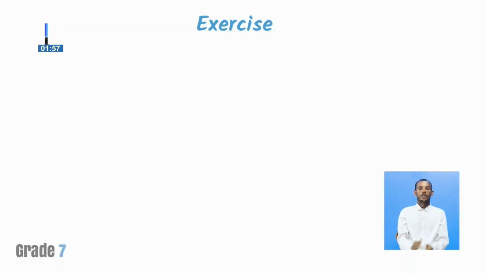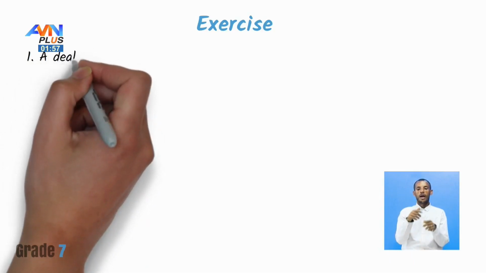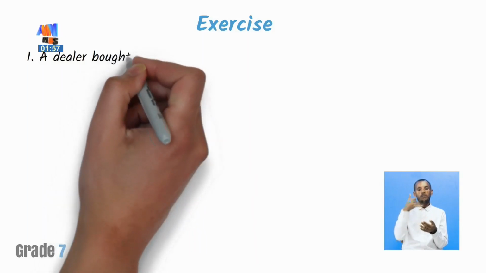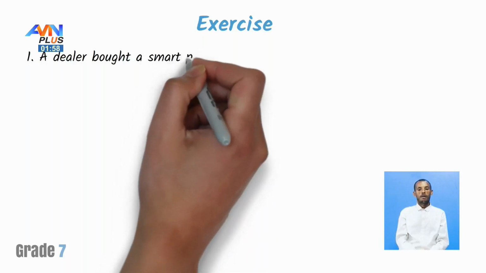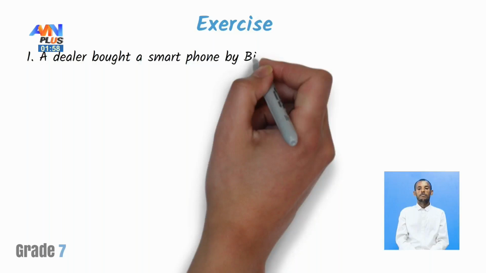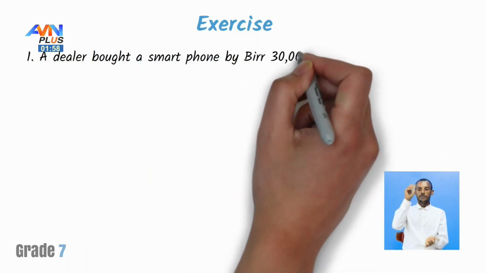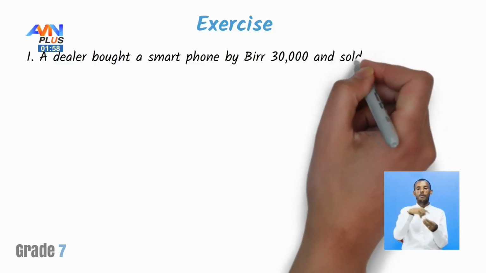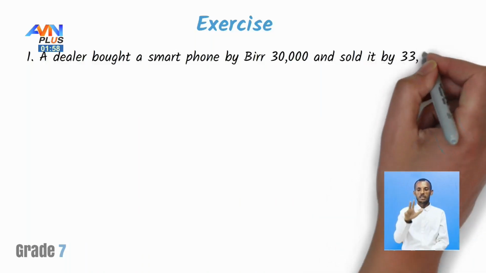One, a dealer bought a smartphone for 30,000 and sold it for 33,000.